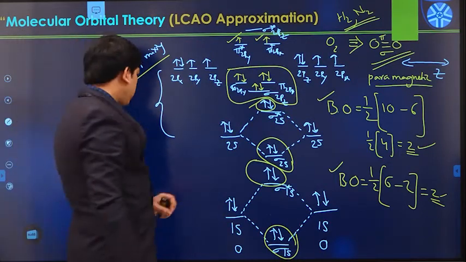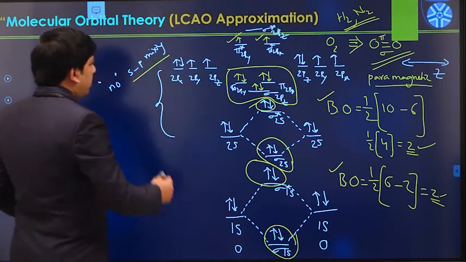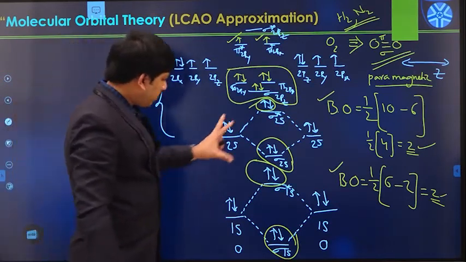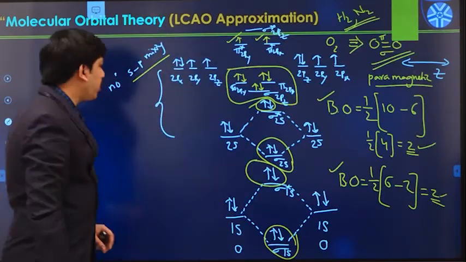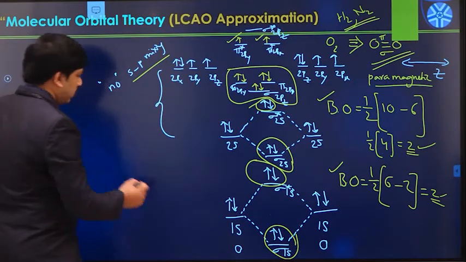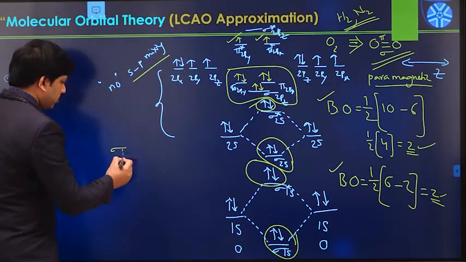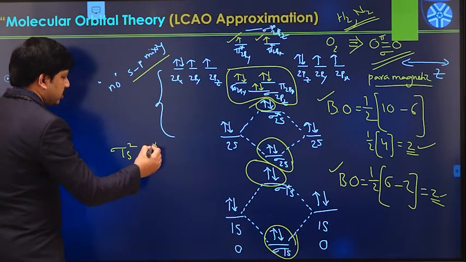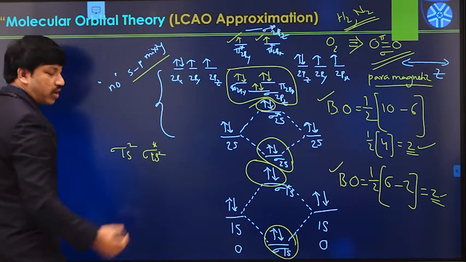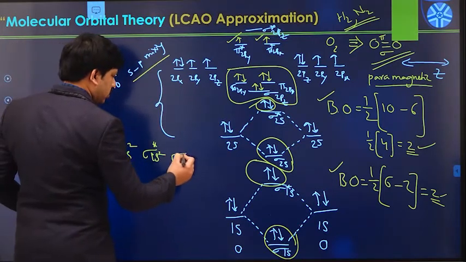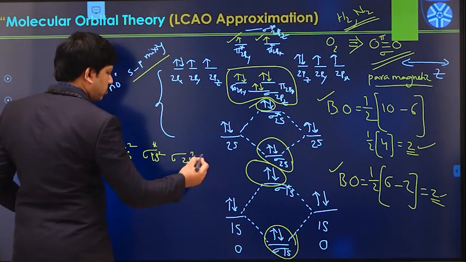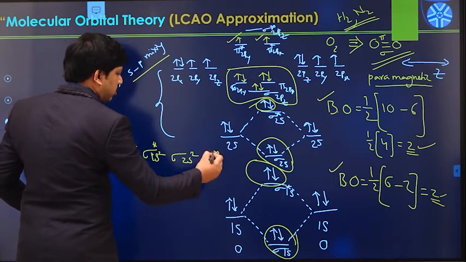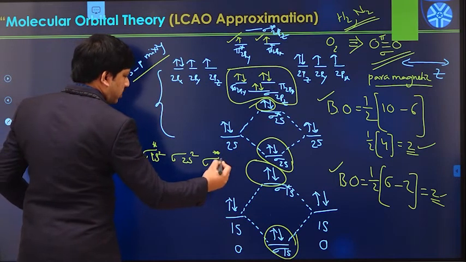Okay. So for this molecule, how do you write the molecular orbital electronic configuration? First we have sigma 1s2, then sigma star 1s2, then sigma 2s2, then sigma star 2s2.